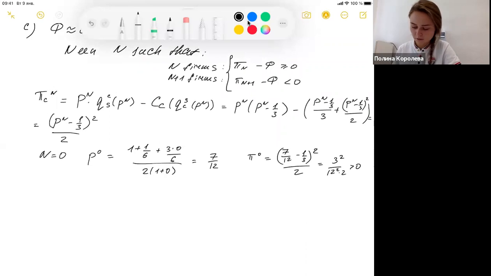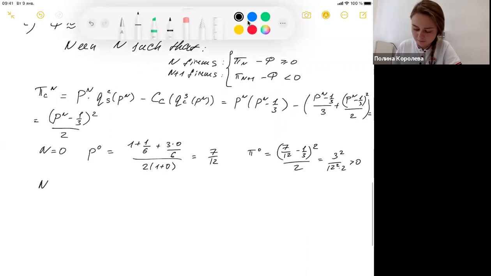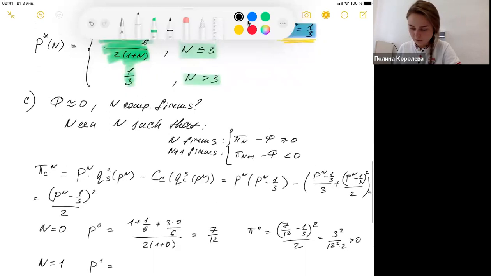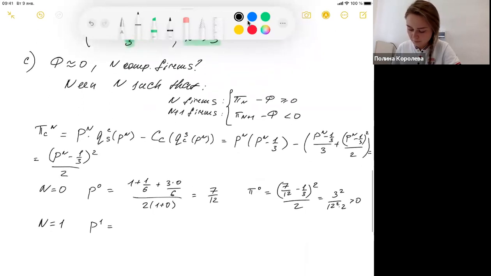So they continue to enter. First firm enters, n equals 1. What will happen with the price for the number of firms equal to 1? The price will be 1 plus 1/6 plus 3 multiplied by 1/6 over 2, 1 plus 1. And this is 5/12.